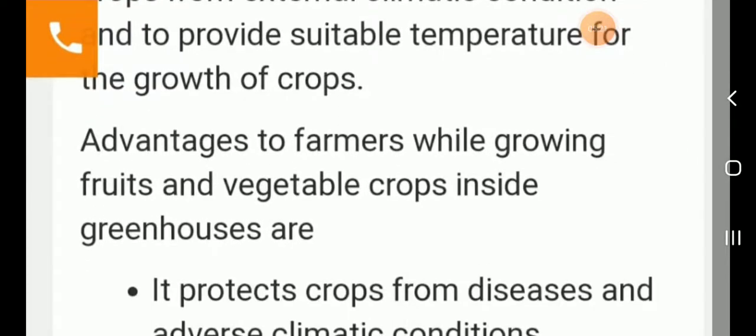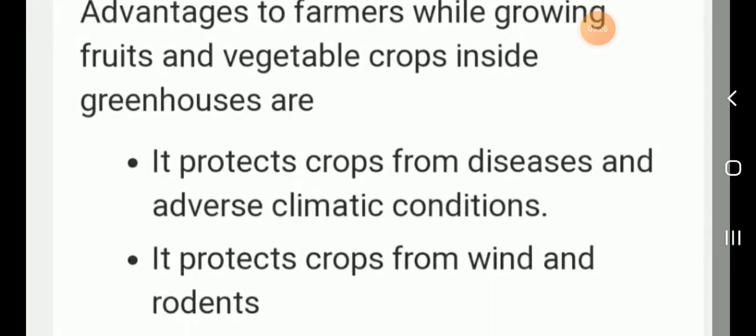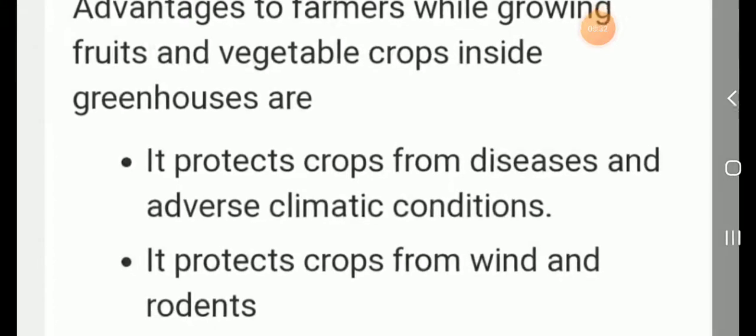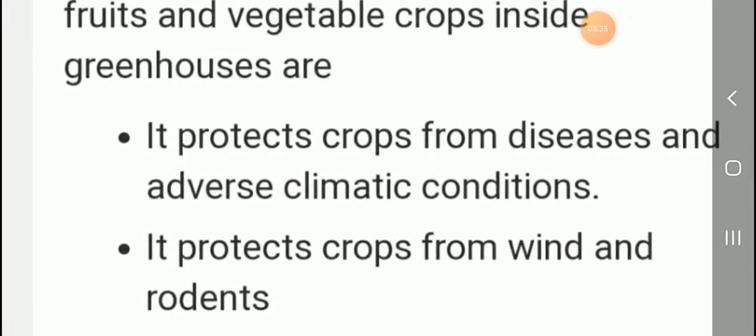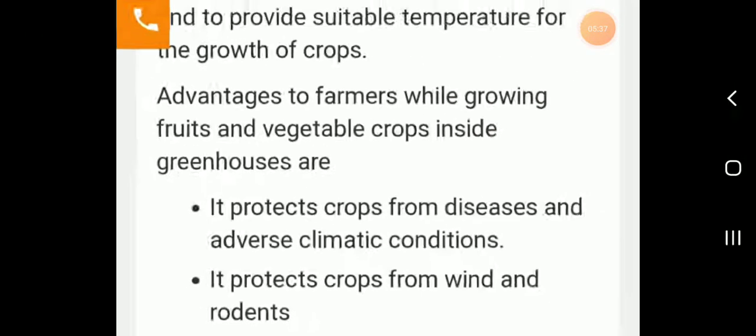It protects crops from diseases and adverse climatic conditions. It protects crops from wind and rodents.